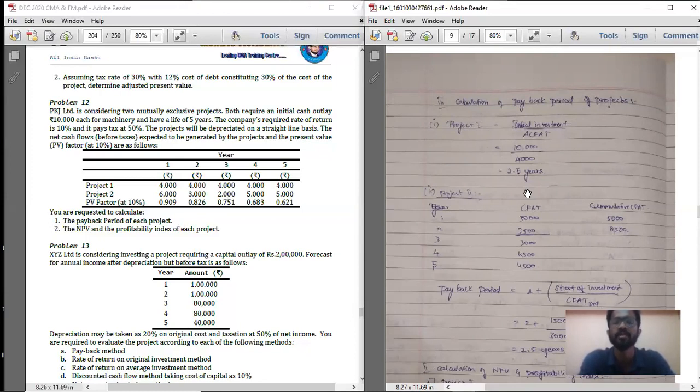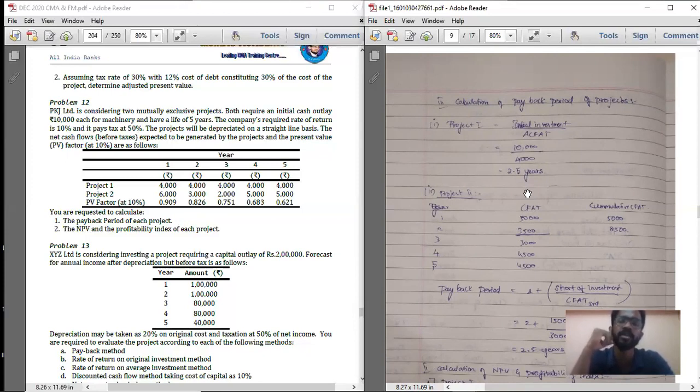Below that, draw a 3 columnar table. First column year, second column CFAT, third column cumulative CFAT. Below that, record years 1, 2, 3, 4, 5, one by one: first year, second year, third year, fourth year, and fifth year.